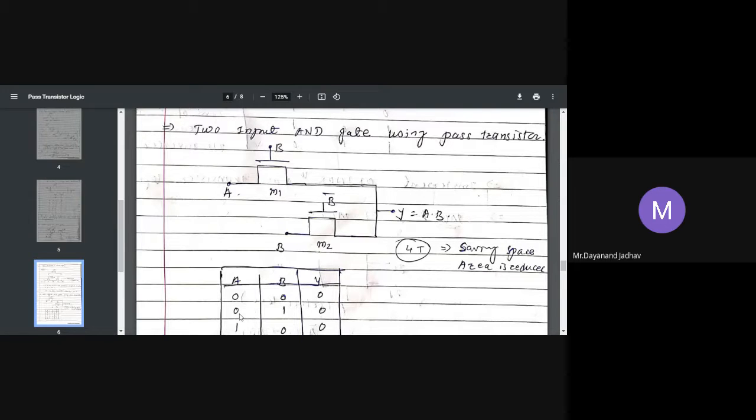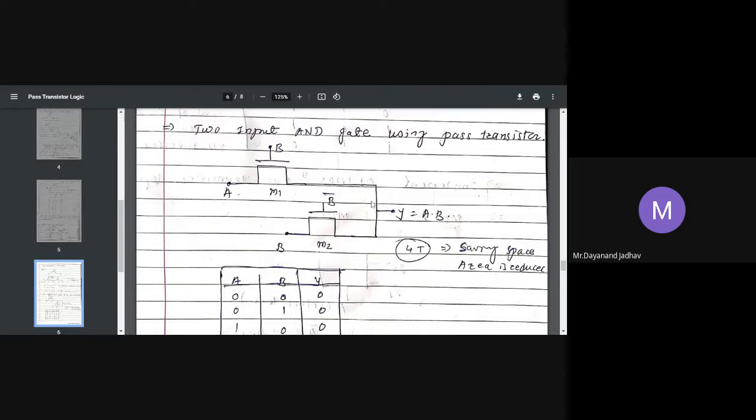Second case, when A is equal to 0, B is equal to 1. See here, A is 0, B is 1. 1 passes, meaning this acts as a closed switch, meaning A flows here to the output.